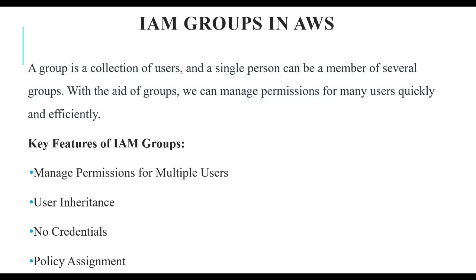IAM group authentication reduces the risk of errors. It is also more scalable and easier to adopt, making it easier to adapt to changes in your organization's structure and needs.